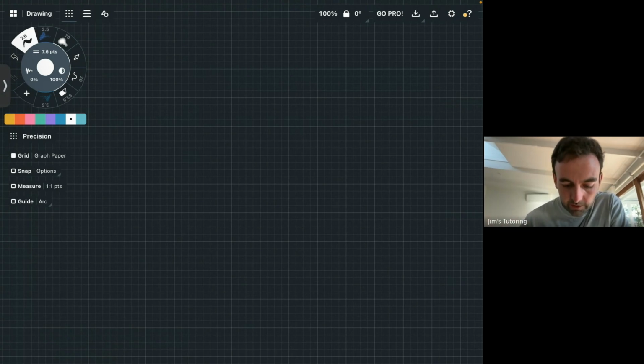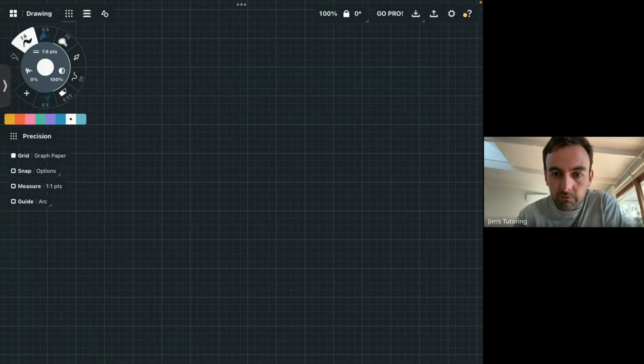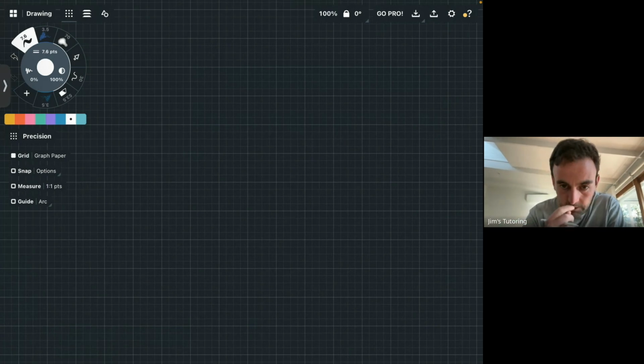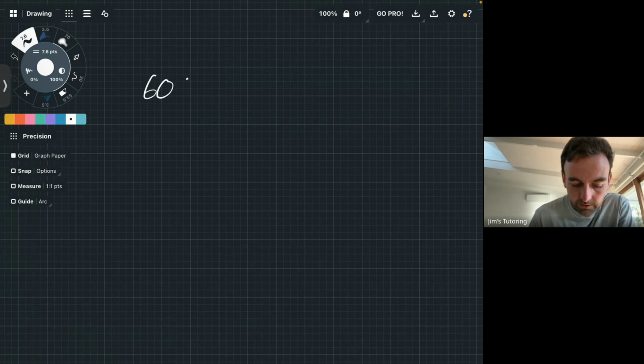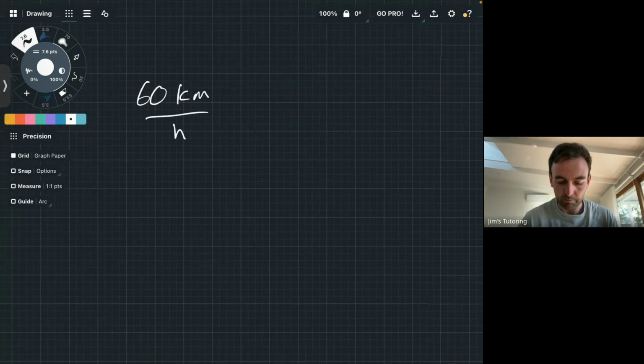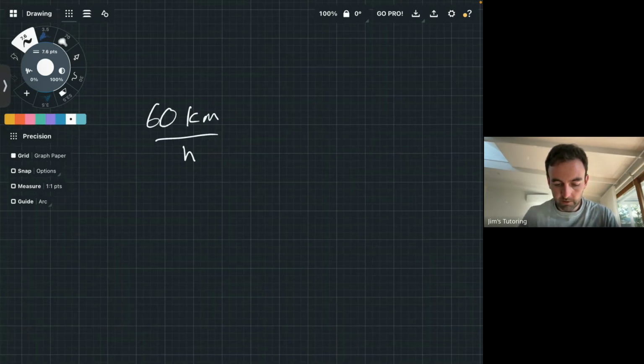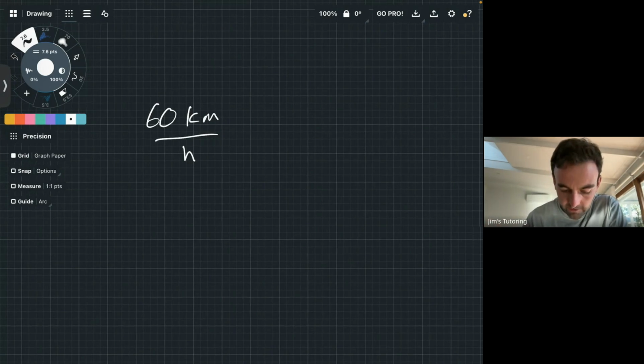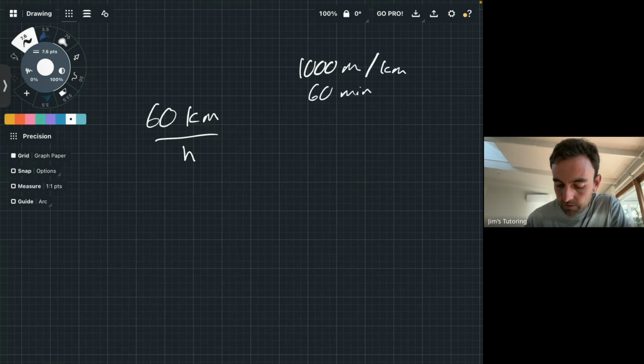But today I mainly want to focus on unit conversion, but do stop me anytime if you want to clarify anything. So really, unit conversion is when you might have something like 60 kilometers per hour. This is the nice, easy example that I always put in. Everyone knows it has something to do with 1,000, because there's 1,000 meters in a kilometer, and there's 60 minutes in an hour.